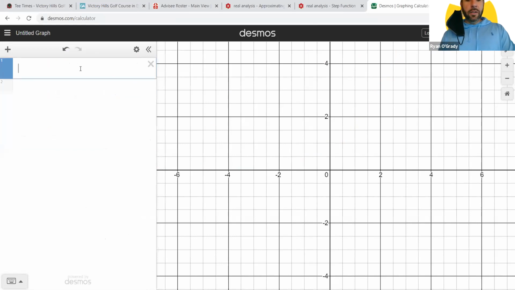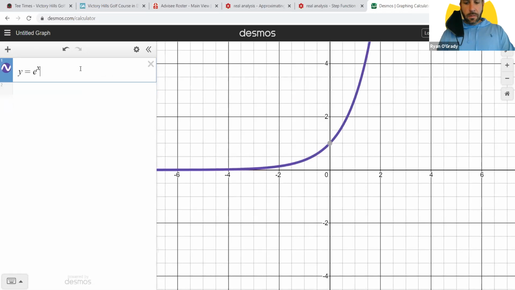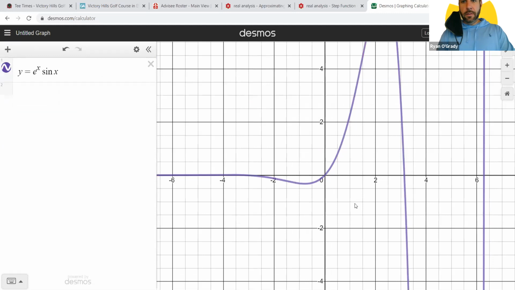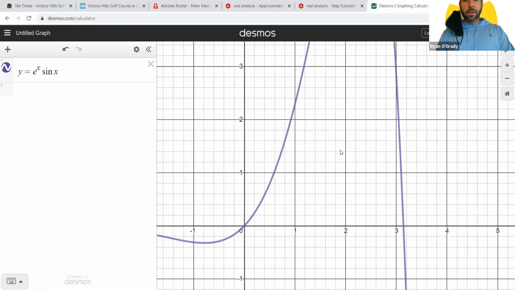All right, so let's look at this. What function are we interested in? We're interested in e to the x sine x, which looks like this. Now, we're only interested in what's happening between 0 and 1, correct?